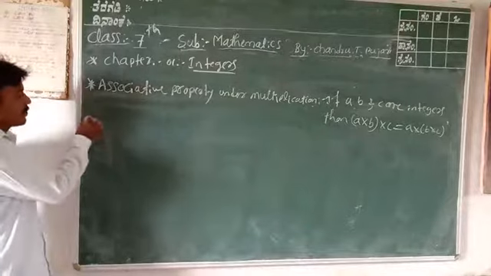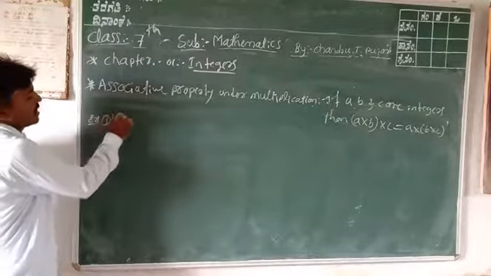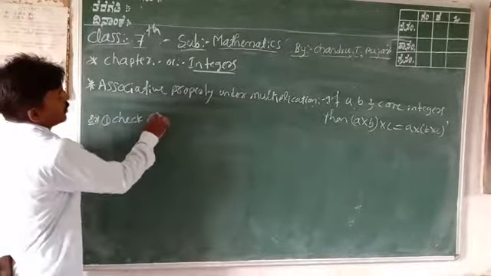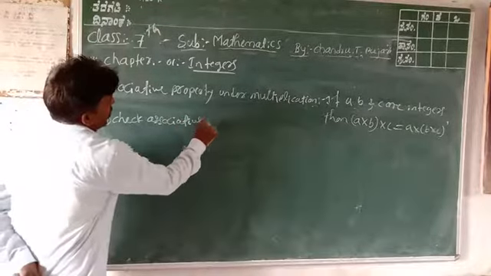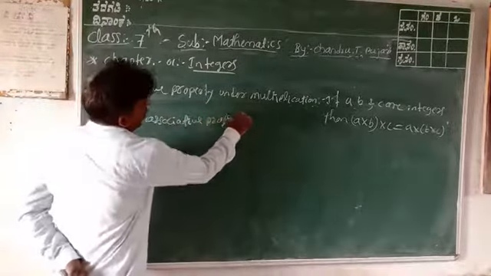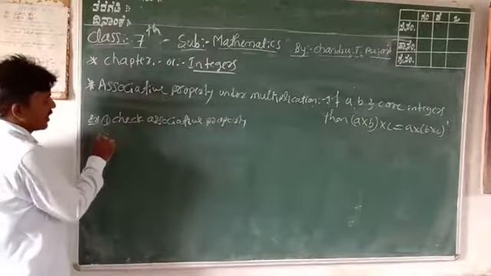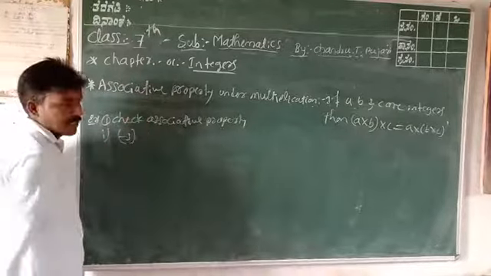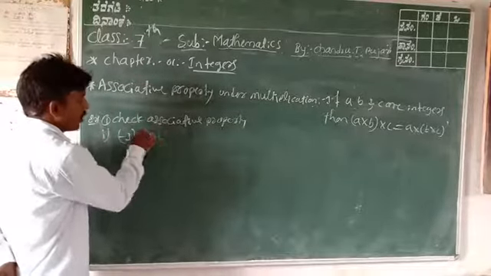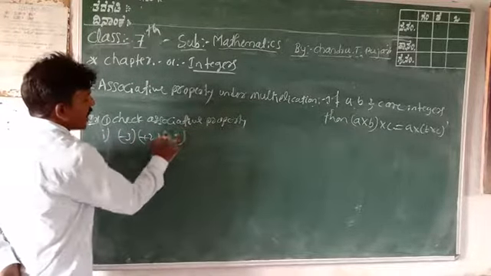Check some examples. Example number 1. Check associative property. You can choose any integers: minus 3, plus 2, plus 5.